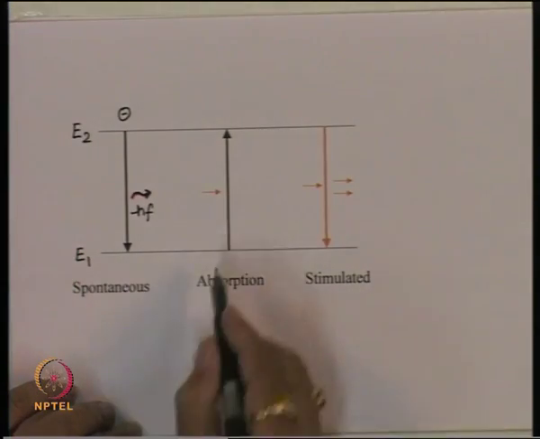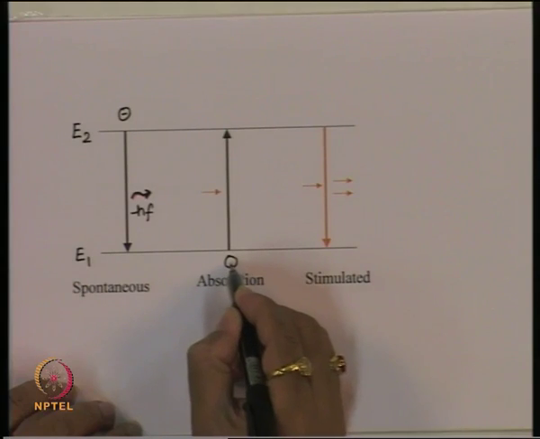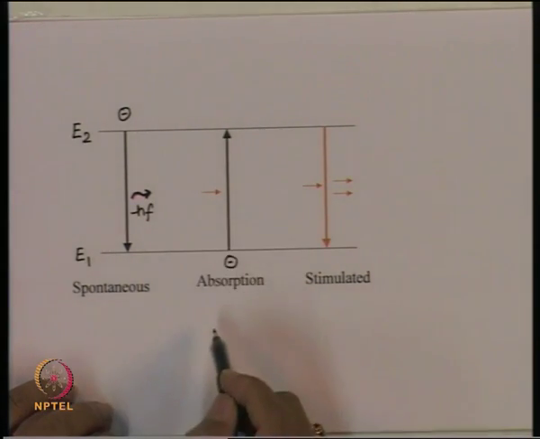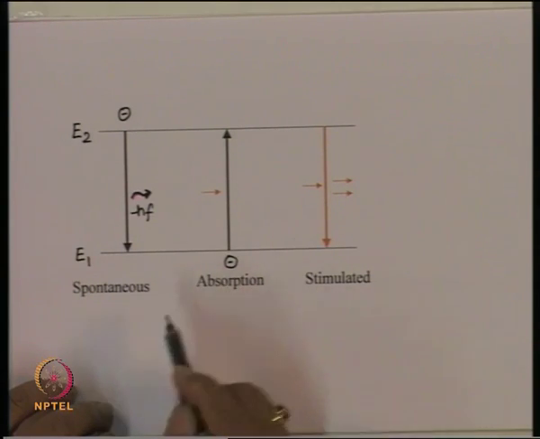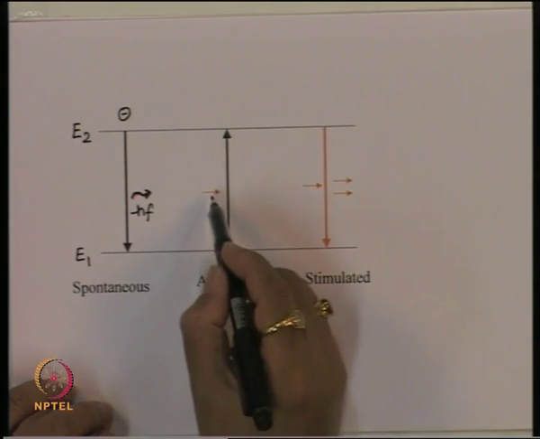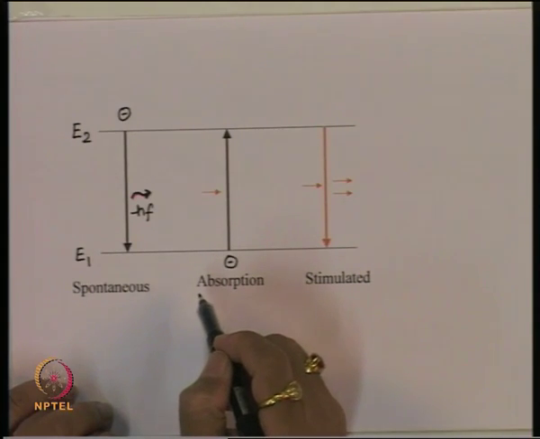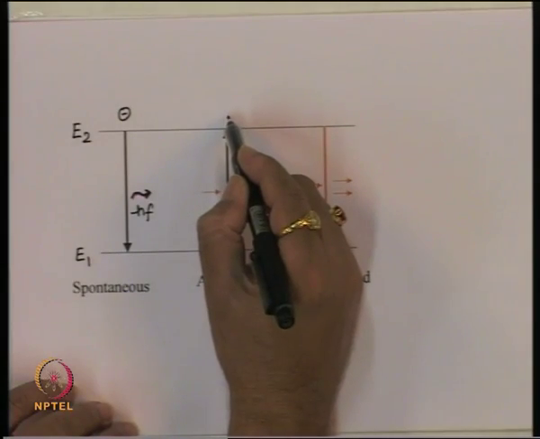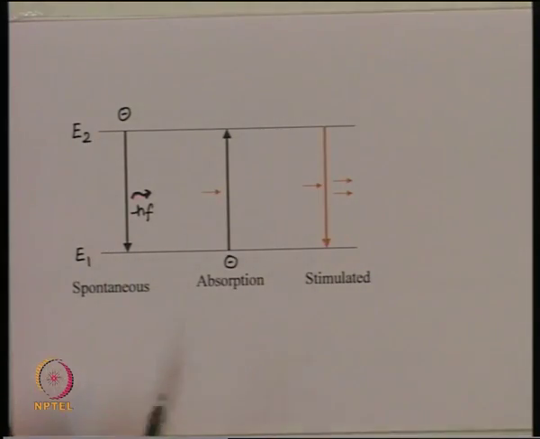This energy essentially excites the electrons from the ground state to the excited state. So, if a photon was incident on this system and the electron was on the ground state, then this process, called the absorption process, will take away the energy from the photon, give the energy to the electron, and the electron will get excited to the higher energy state, and the photon will be lost.